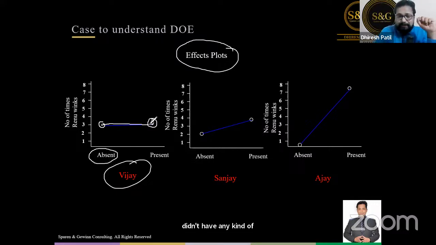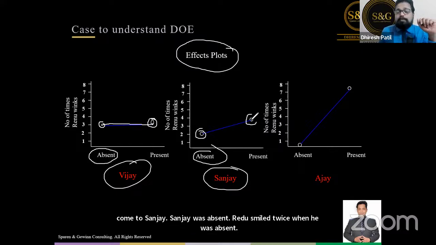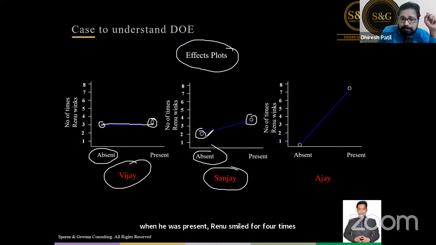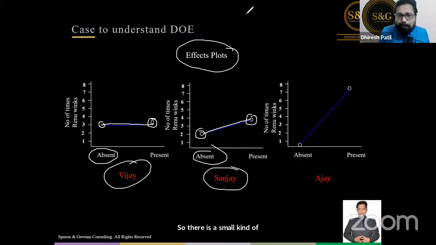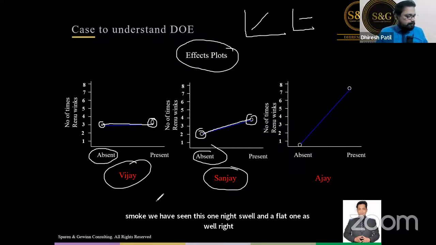Are you understanding? Just come to Sanjay. Sanjay was absent: Sia smiled twice when he was absent. When he was present, Sia smiled 4 times. So there is a small slope you can see. We have seen the slope, and the flat one as well, right? Correct?